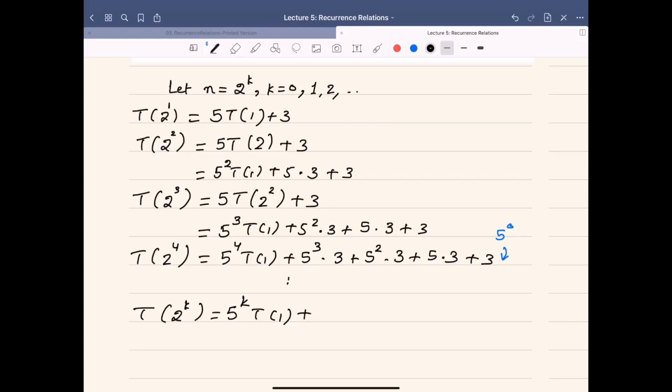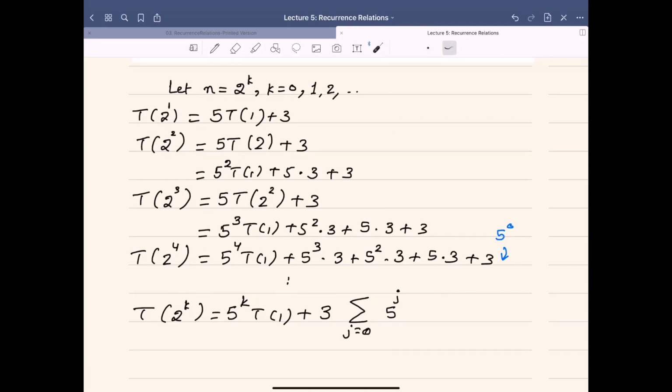a summation, but 3 is also common to every term. So it will be 3 times the summation of 5 raised to power j. I will use j for the power, and I will look at the summation from right to left. So here we have 5 raised to power 0, so j will start from 0. Now what is the last value for j?